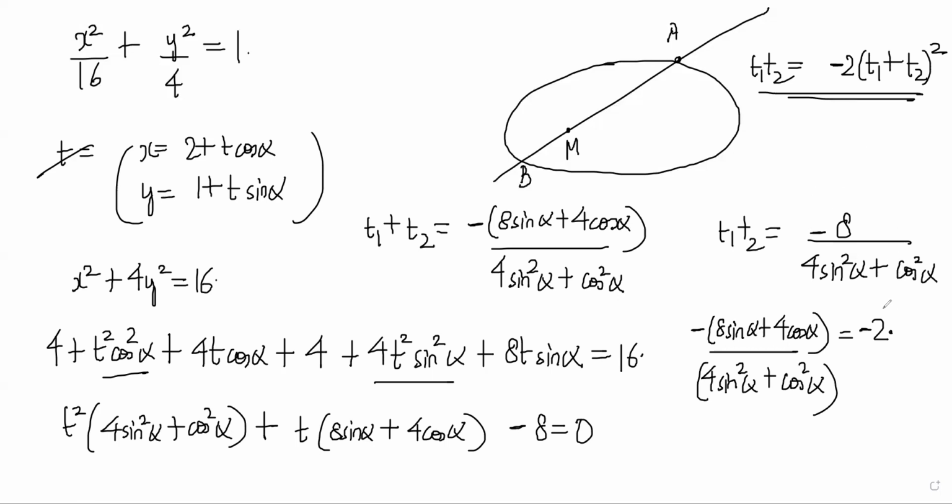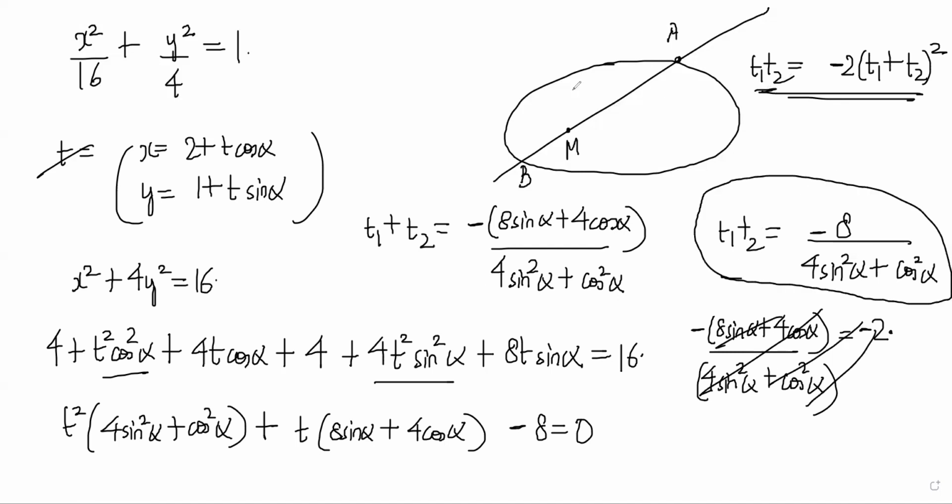Okay, I have written it incorrectly. So basically I have to write t1 t2 is equal to this. So I'll just write it on the next screen. So I have t1 t2 is equal to minus of twice of t1 plus t2 whole square.